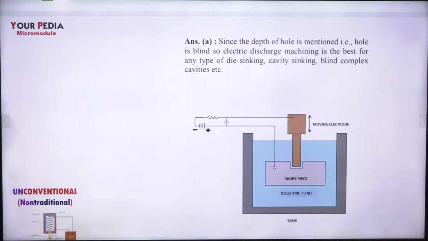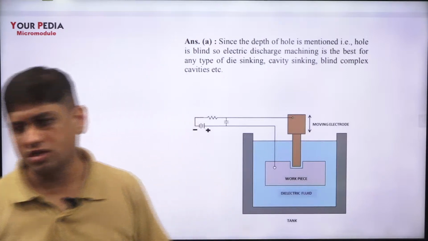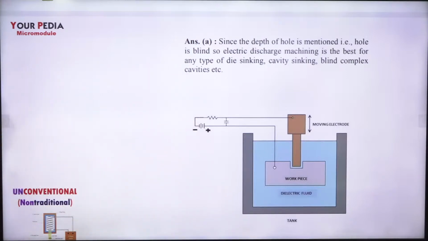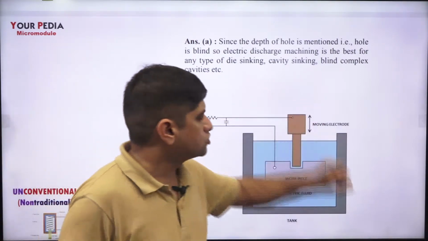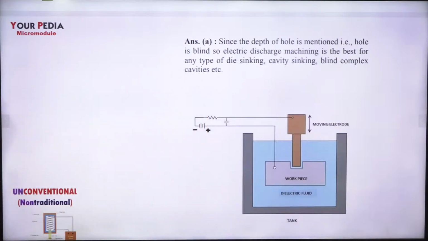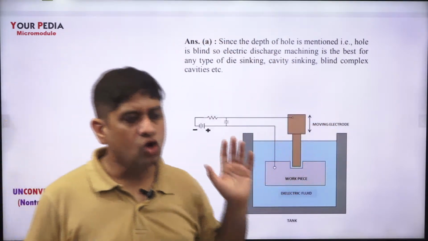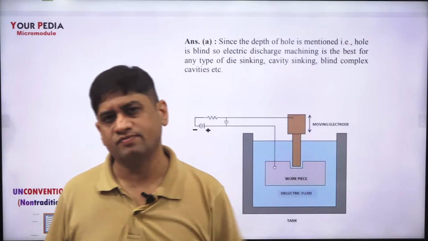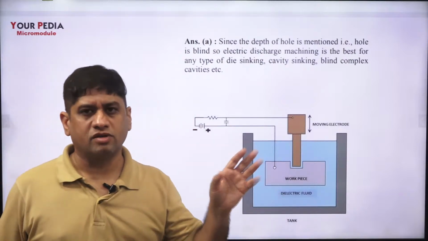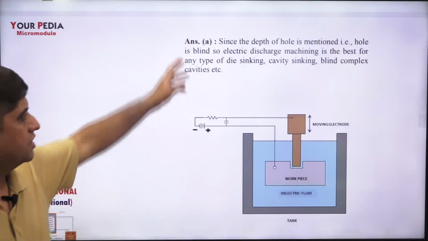So remember that blind holes are produced using electric discharge machining. These names are important. In the exam, you can find this die sinking: what is the application? Which non-traditional machining is used for die sinking? For a turbine blade, which machine will you use? Those kinds of things should be known to you. The application part.